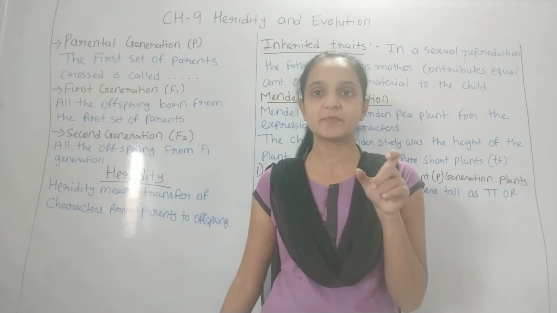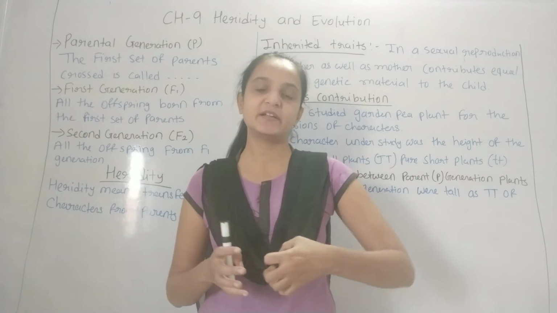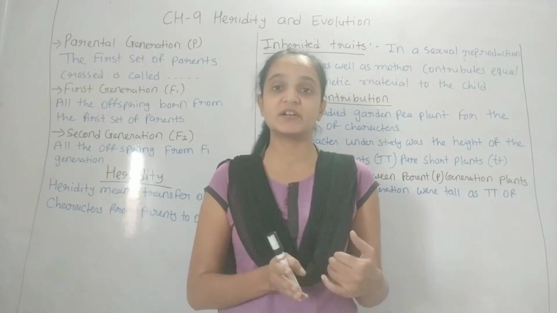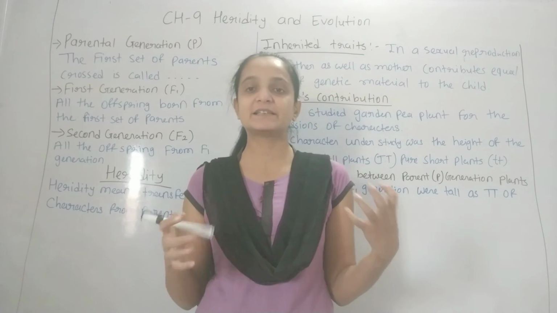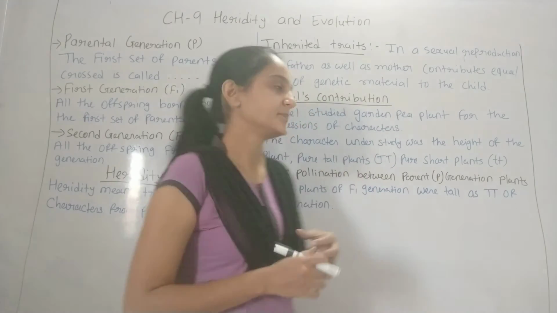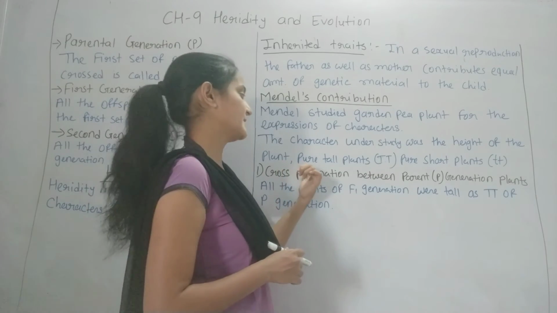So he took the मटर plant for observing the traits, कि कौन कौन से trait F1 जनरेशन में पास हो रहे हैं, फिर F1 जनरेशन में से कौन से trait हैं जो F2 जनरेशन में पास हो रहे हैं, right? So for this he took the garden pea plant. Now the character under study was the height of the plant.